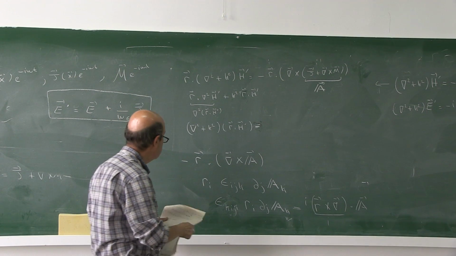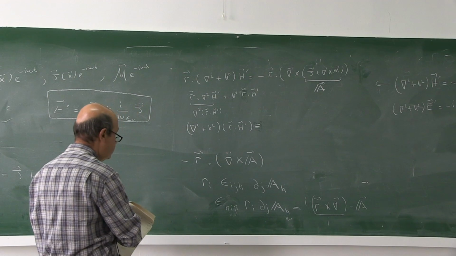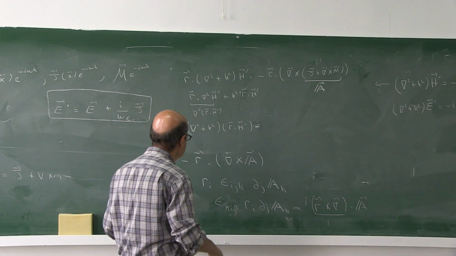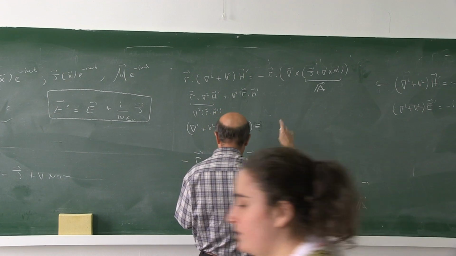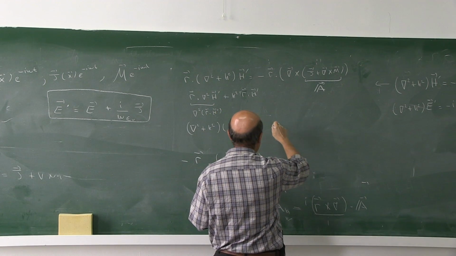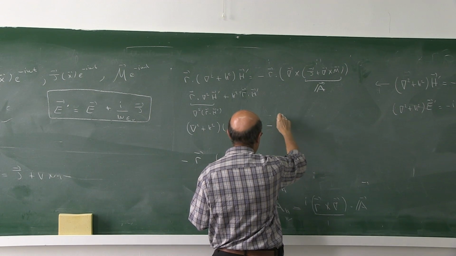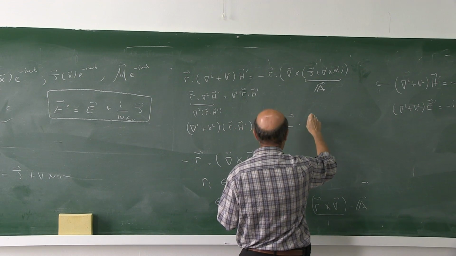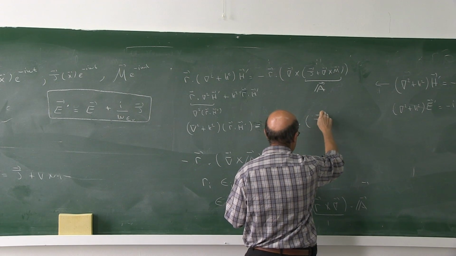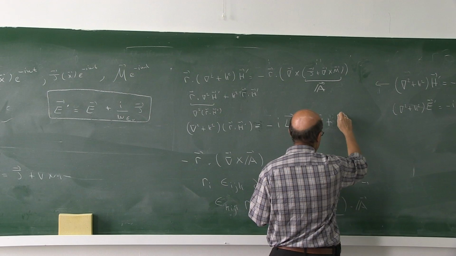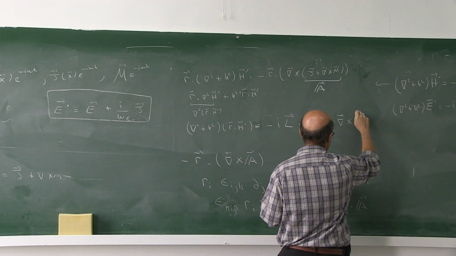Okay? So basically, the right-hand side will be minus i L dot J plus curl of magnetization.